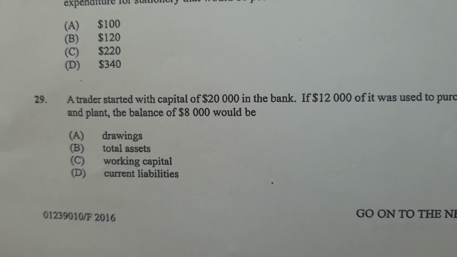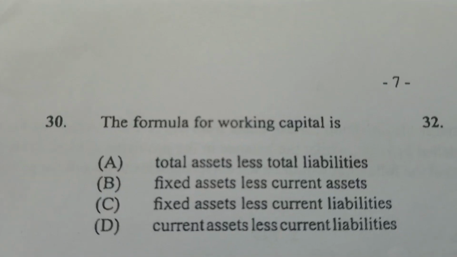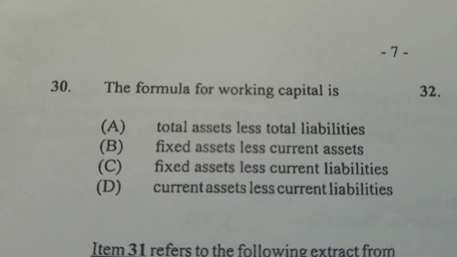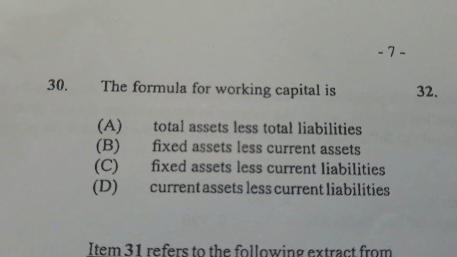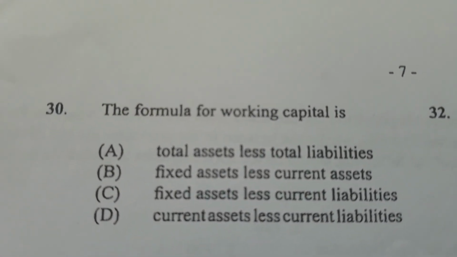We're saying it is C, the working capital. Item 30, the formula for working capital is, our answer is D, current assets less current liabilities.